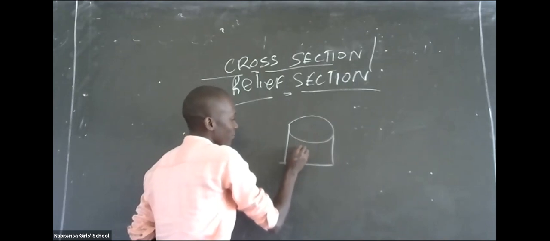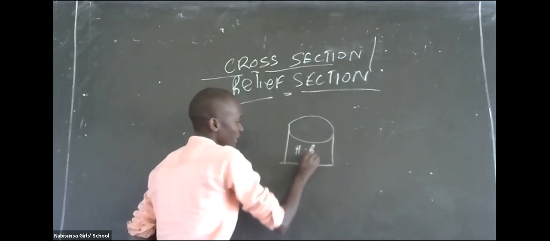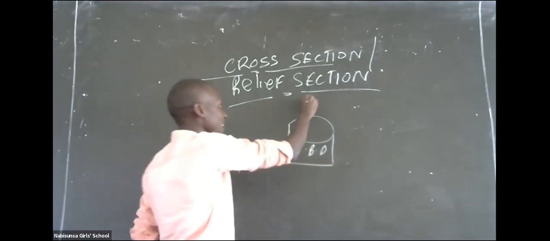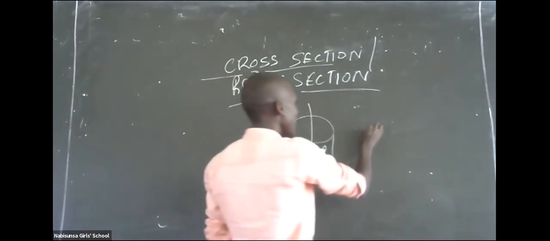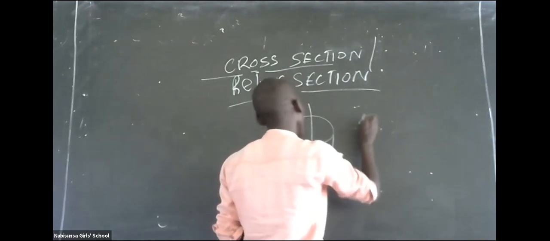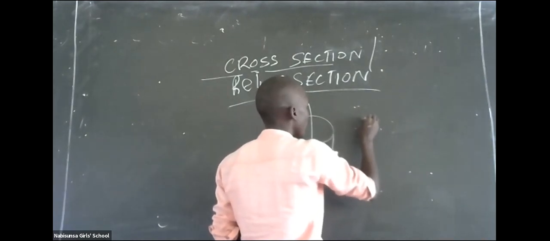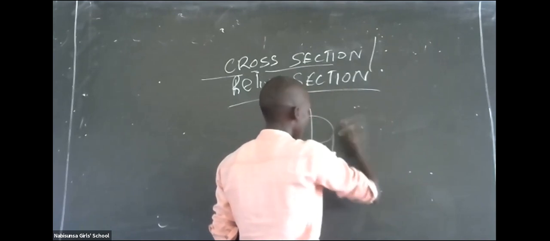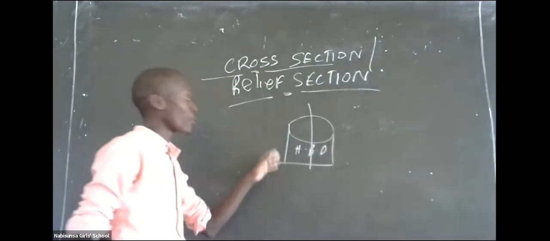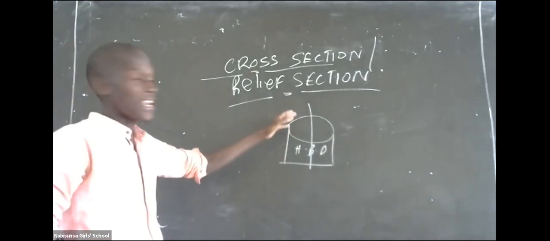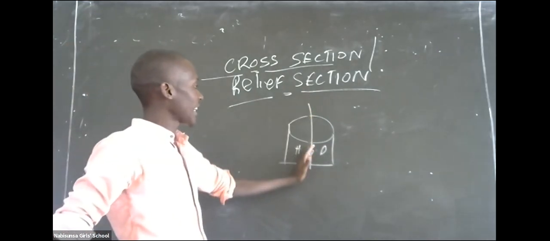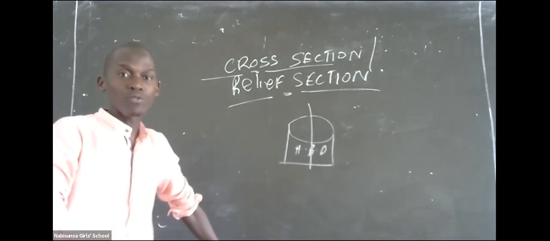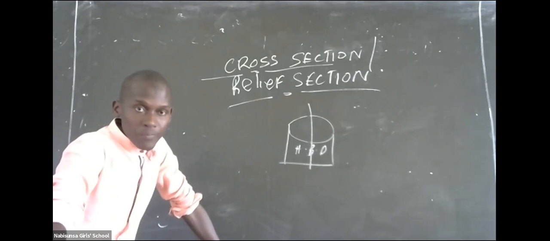When you cut it like this, it is going to look something like this. The diagram has not come out very well, but the way you get a knife and cut the cake, then you view it in this way. That's what we mean by a cross-section. Am I clear?